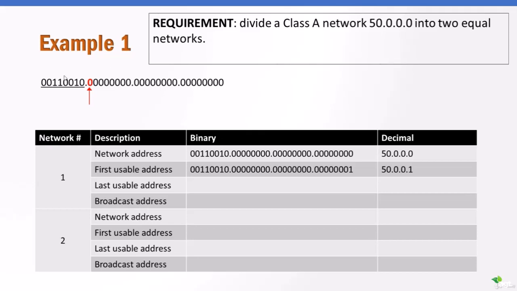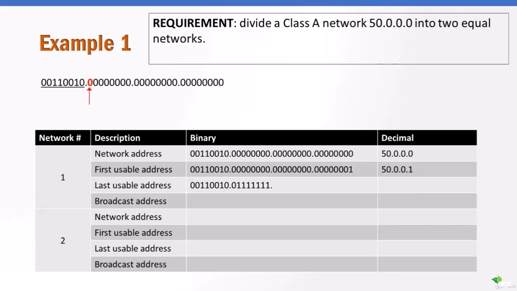Now our last usable address is going to be the opposite of that. So we're going to take our first 9 bits, which represent the network portion, and we're not going to change that, but we are going to change the remaining bits to ones, except for the last bit. If we use 1 in our last bit also, that gives us our broadcast IP address. So the last usable IP address is actually going to be the broadcast address minus 1.